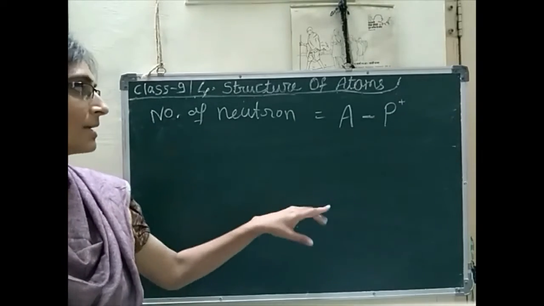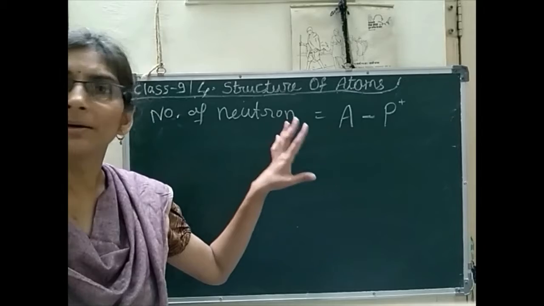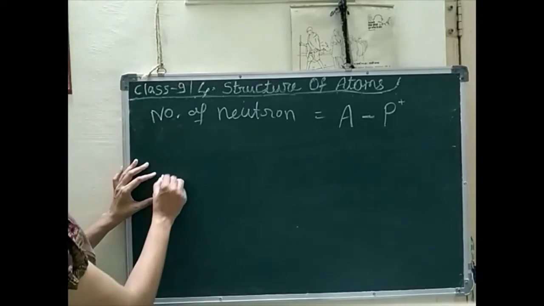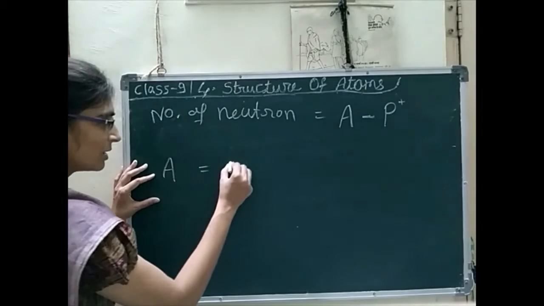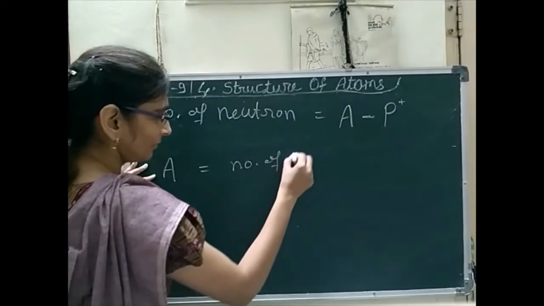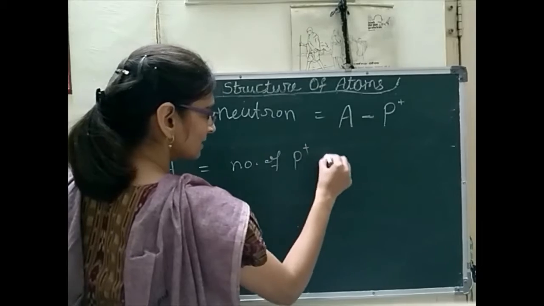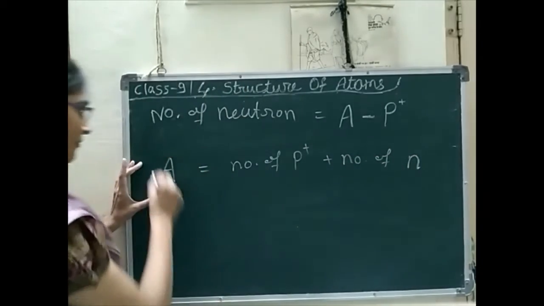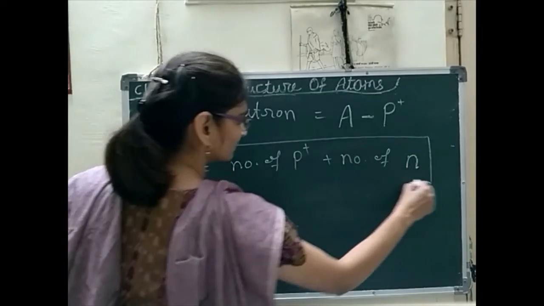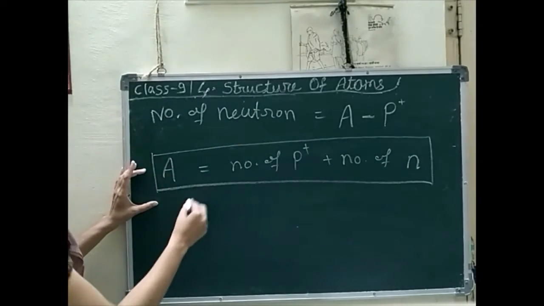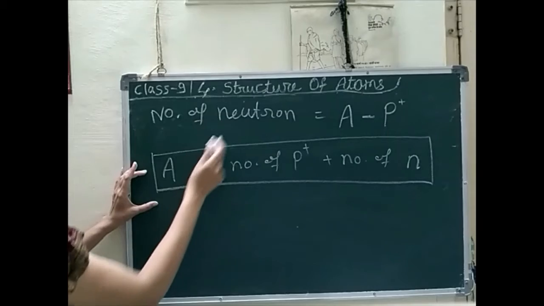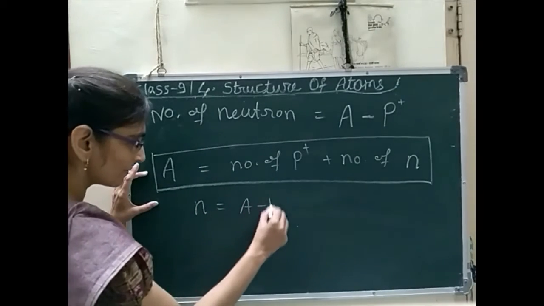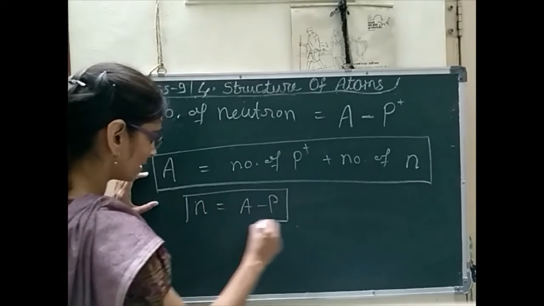Atomic mass, which is equal to the number of protons plus the number of neutrons. That formula also you can write. From this formula we can take out the number of neutrons: N is equal to A minus P. This is a very important formula.